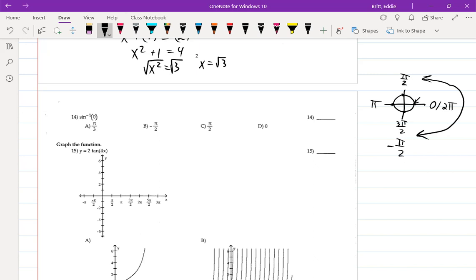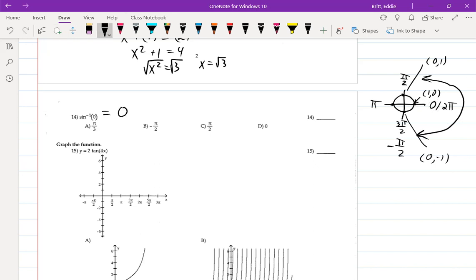So this point right here is the point 1, 0. This point up here is the point 0, 1. And this point down here for 3 pi over 2 or negative pi over 2 is 0, negative 1. So the only one that has a y of 0 is 0.